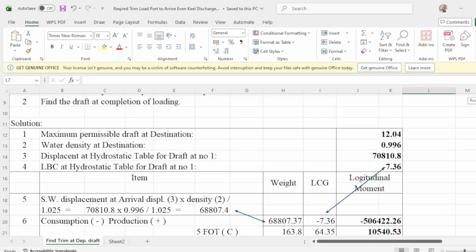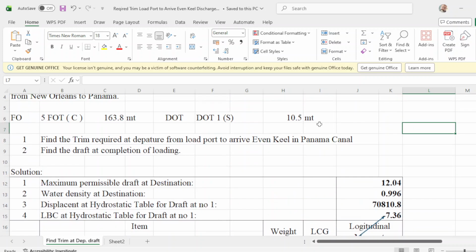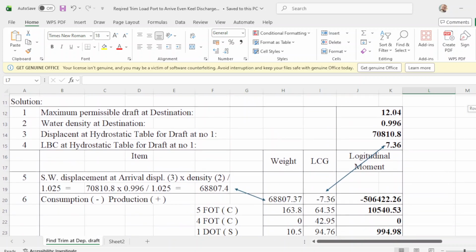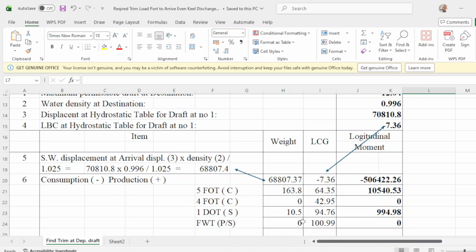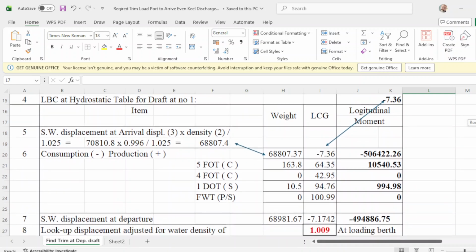Fuel oil is 160.8 and the LCG is 64.35, and diesel oil is 10.5, which is 10.5 here, and your LCG is 9.4. Take note, guys.